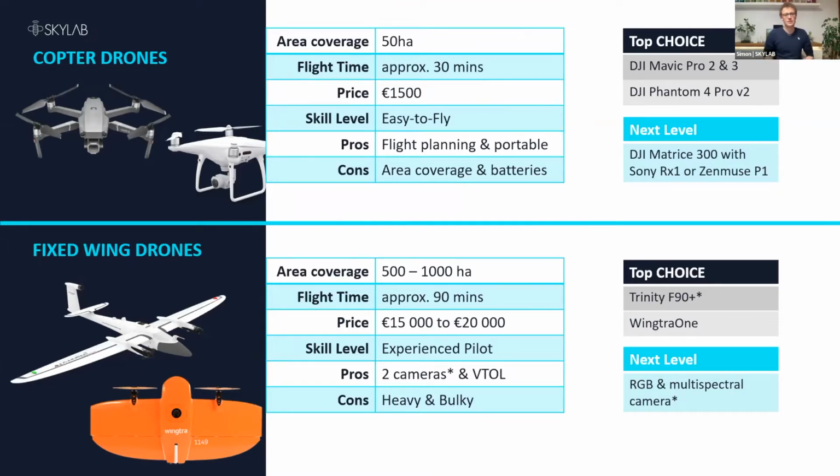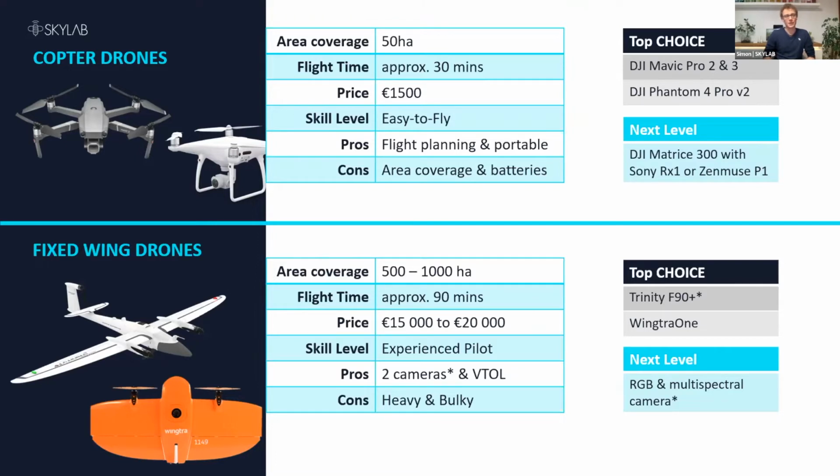So speaking of drones, you have different kinds of drones. You have copter drones and fixed wing drones, and of course, you have to think about what kind of area you want to map.